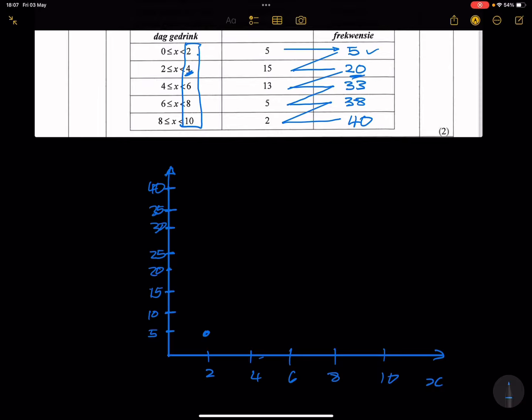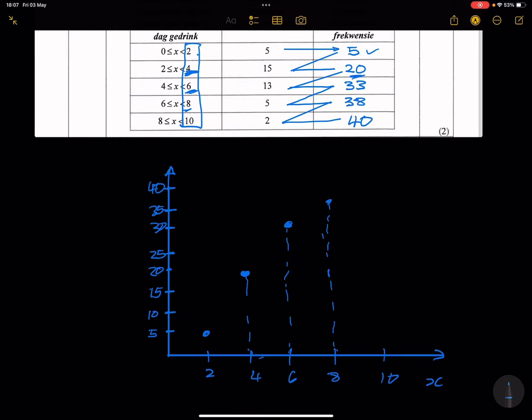So for the second one, I'll take 4 there. The associated cumulative frequency is 20. And at 6, I've got 33, so around there. At 8, I've got 38.